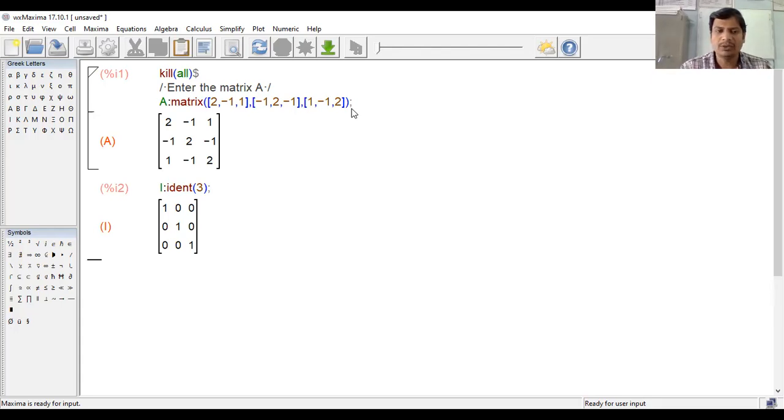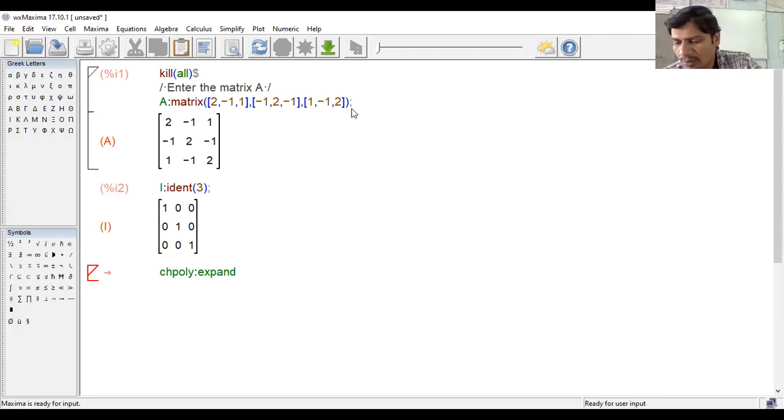After that, you take the characteristic equation. The key command is characteristic polynomial, CHARPOLY, then colon of, then expand, EXPAND.